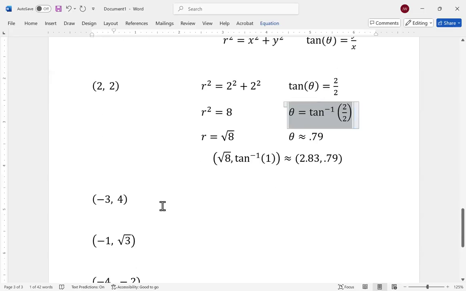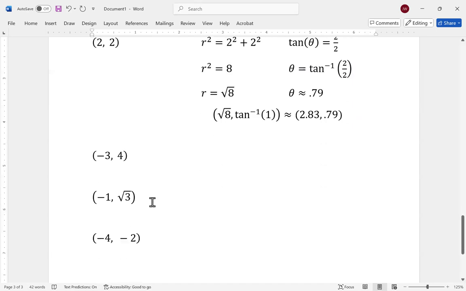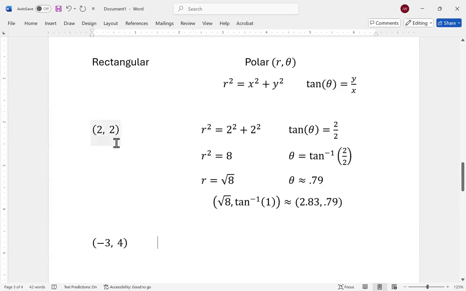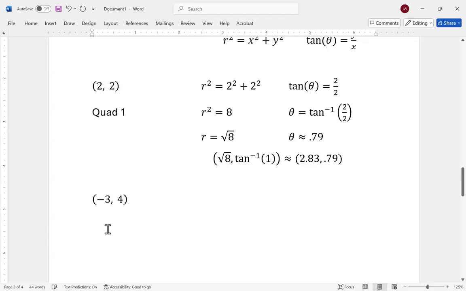In order to show what's going on, let's do the next example. In the next example, we have a point in the second quadrant. This is quadrant 1. This is in quadrant 2.